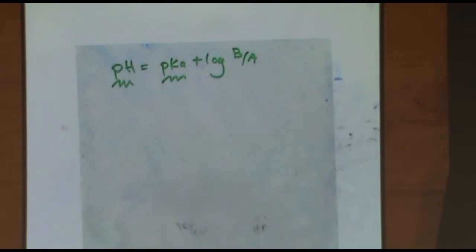Another way you can look at a buffer or define it is based on what it is. A buffer is a weak acid and its conjugate weak base. Or you could say it from the reverse direction, a base that's weak and its conjugate acid. That base and acid have to have a similar molarity, within a factor of 10, approximately.